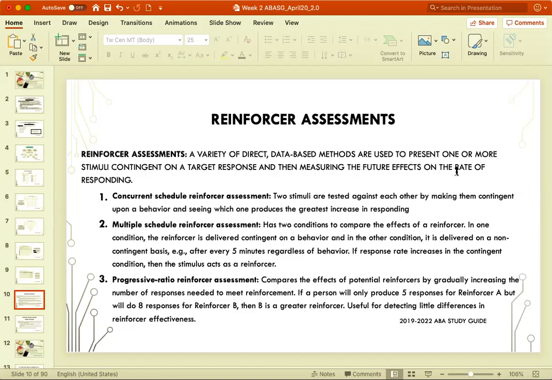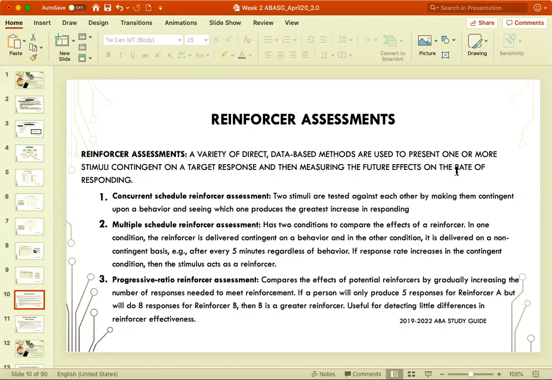That would be a non-contingent basis, regardless of your behavior. If the response rate increases contingent upon doing that math, then the stimulus is a reinforcer. So just think concurrent choice, looking at the greatest increase in responding.